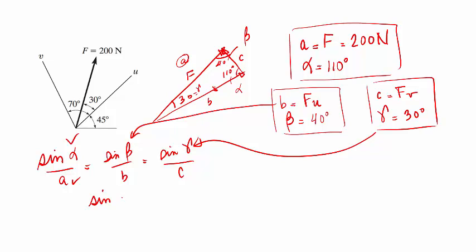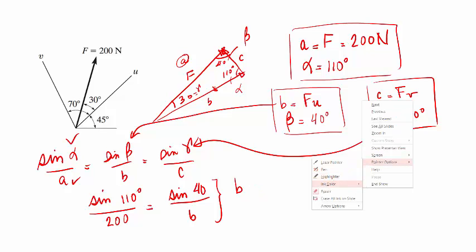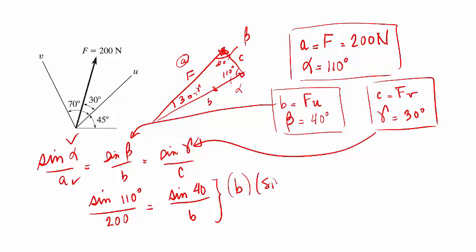Sine of alpha, which is 110 degrees, over A, which is 200, would be equal to sine of 40, if we want to find B, over B. Okay, so then B would be equal to, let me not do any shortcuts, B times sine of 110 equals 200 times sine of 40 degrees.